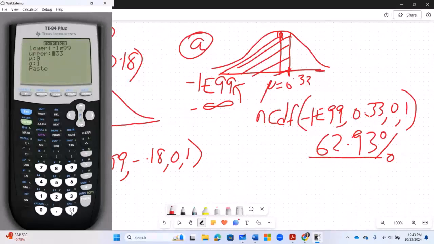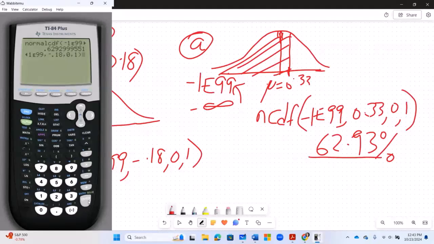The upper bound is negative 0.18. Do not forget the sign. This is a standard normal, so mean is 0, standard deviation is 1. So I'm going to paste. So I'm looking for the area between negative infinity and z equal to negative 0.18.